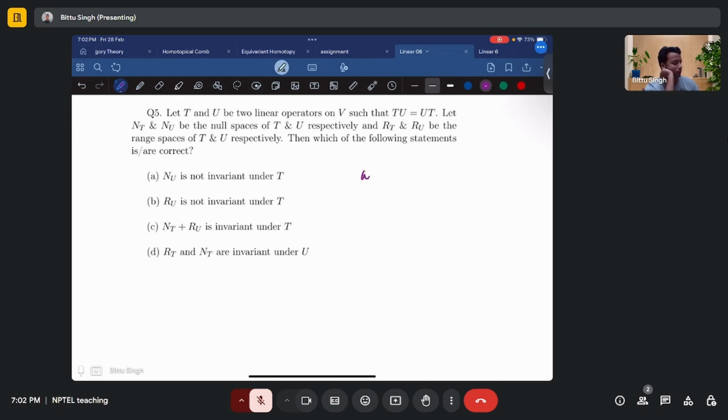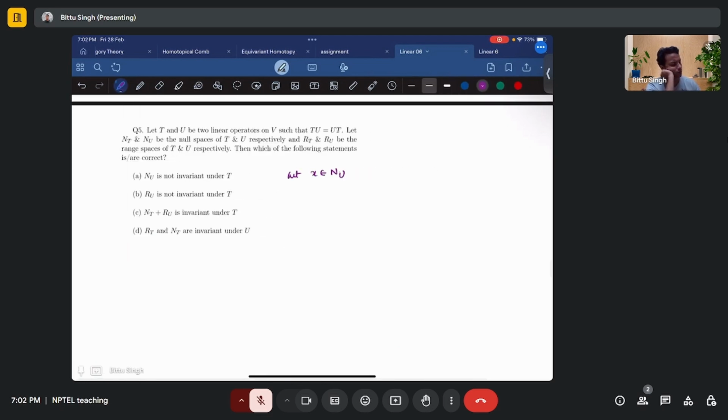So let x belong to NU. This will imply, null space meaning, U operating on x will give you 0. Right? Then the question is, what does invariant mean?